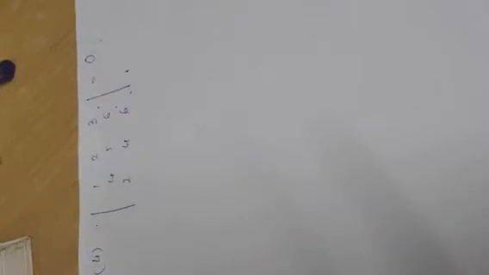I have multiplied this by 2, then I will get 2, 4, 6. The value of the determinant will also be equal to 0. If any one row or column has elements that are multiples of another row or column, then the value of the determinant is equal to 0.